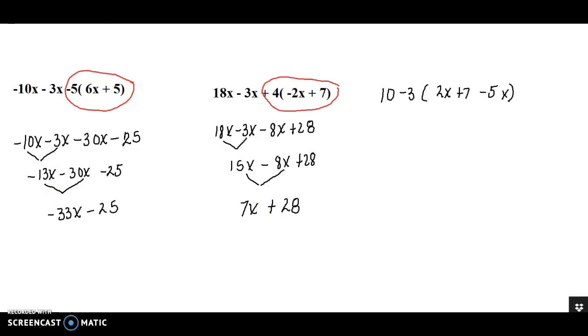So now let's look at our last problem here. Now we're going to perform the distributive property here.